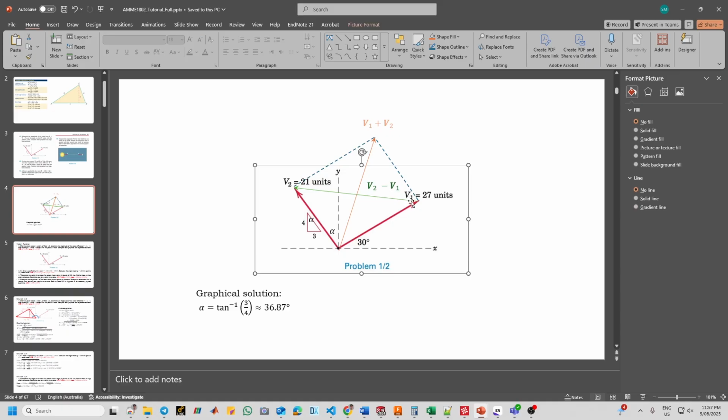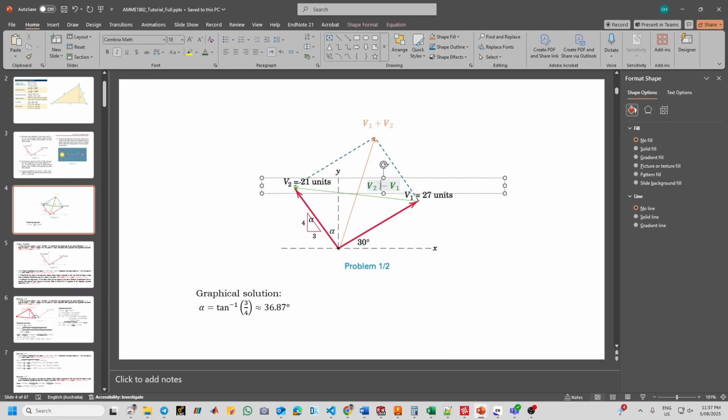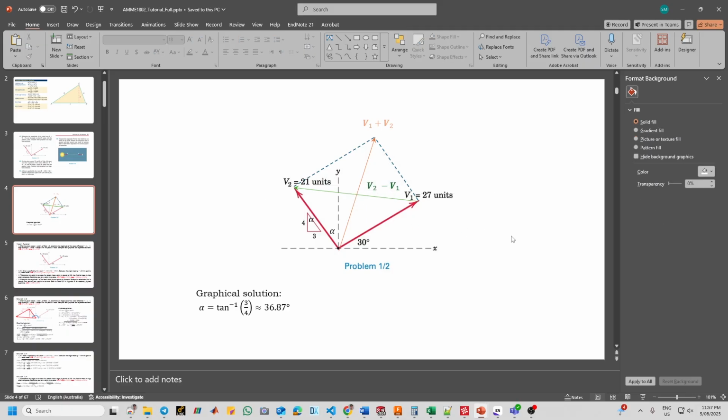So the head of the green vector is going to v2 because it doesn't like v1, as you see. This is something that I can tell you to remember easier.